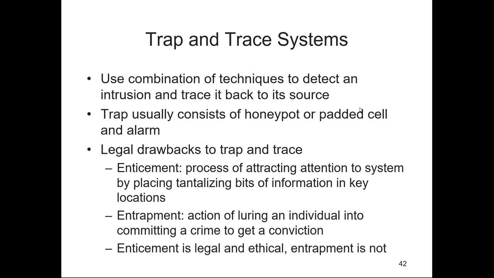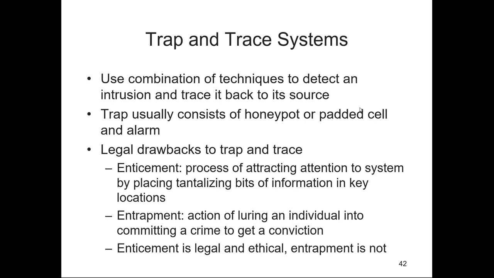The system notifies the administrators of their presence. The trace feature is a process by which the organization attempts to determine the identity of someone discovered in unauthorized areas of the network or systems.